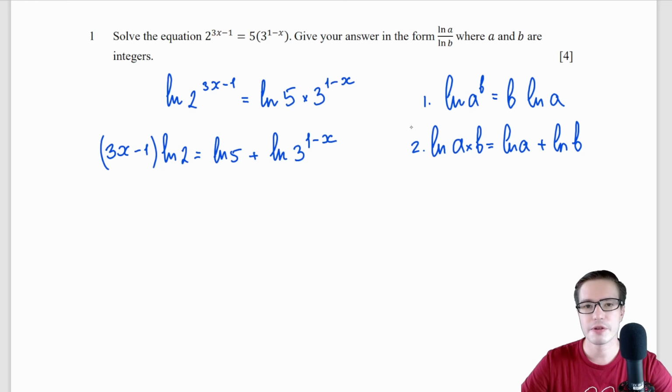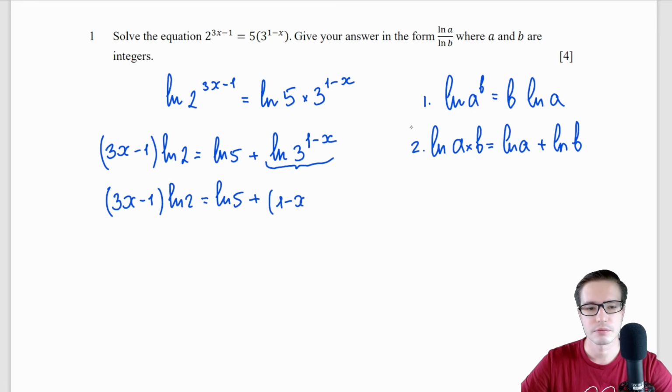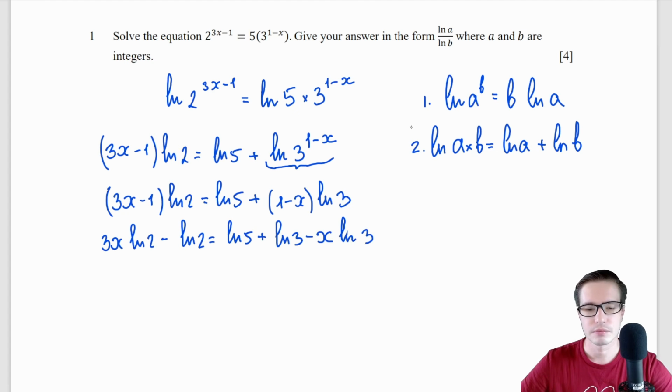And now we can use the first rule again on this log. And now I will expand the bracket. Now, our goal is to find x, so I will combine everything with x on the left side, basically these two terms, and everything without x will go to the right side.